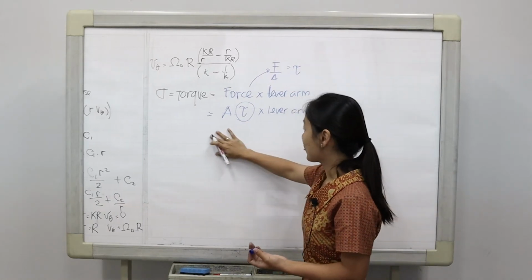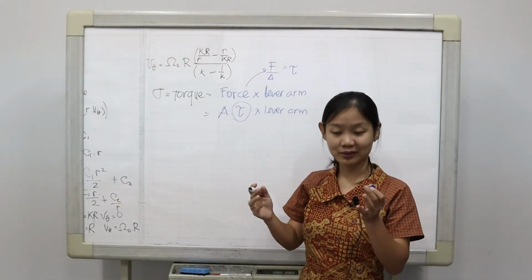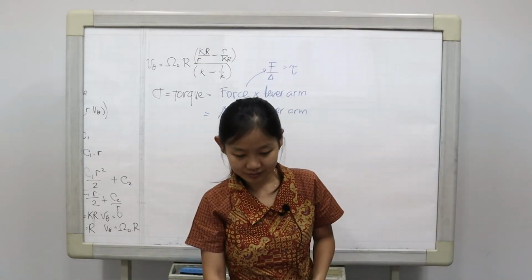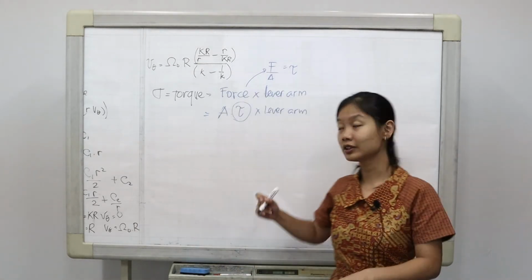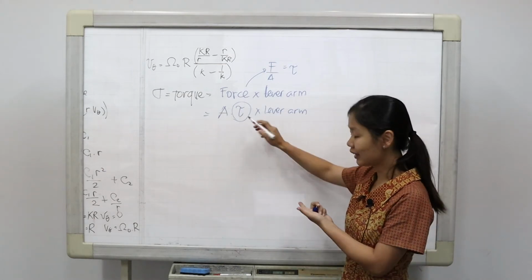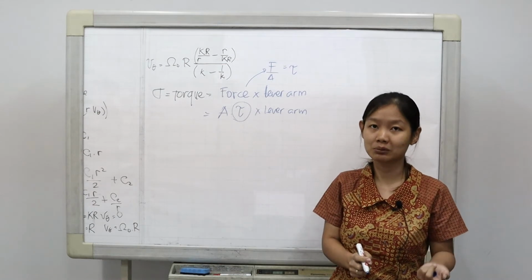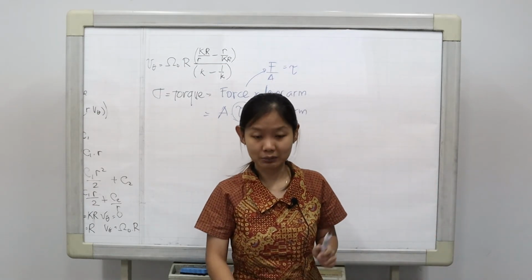Now that brings us to table B5. If we want to know what tau is, the momentum flux distribution, intuitively we look at table B5.